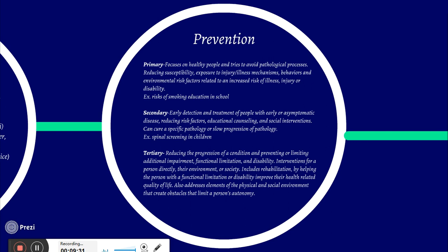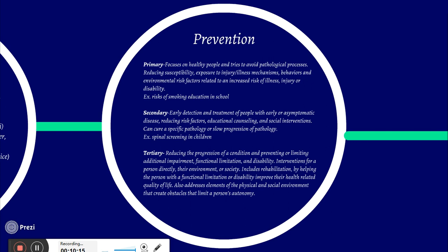It helps them reduce susceptibility, reduce exposure to injury and illness mechanisms, or reduce high-risk behaviors and environmental risk factors, or anything that's reducing the risk of illness, injury, or disability. An example would be smoking education in school. That's helping students understand and learn about the risks of smoking and its effect on future health-related quality of life.